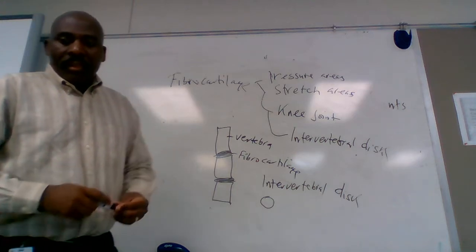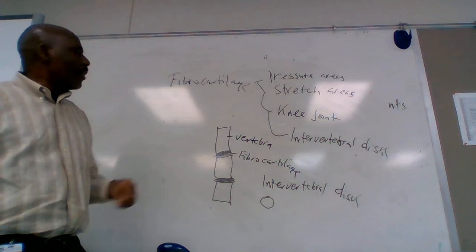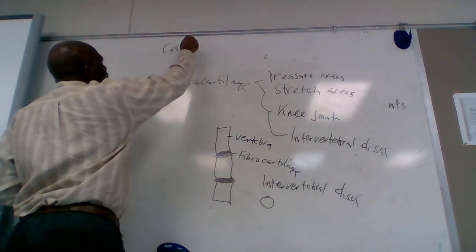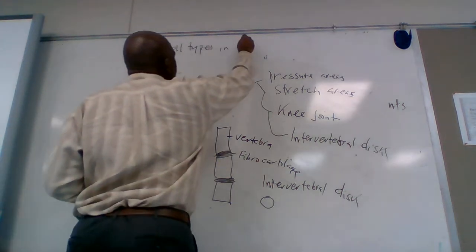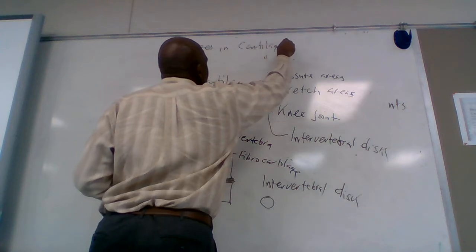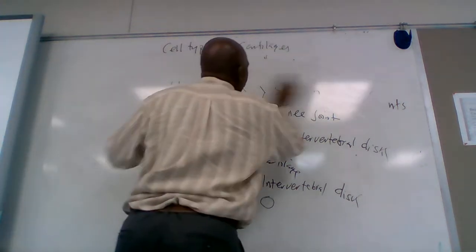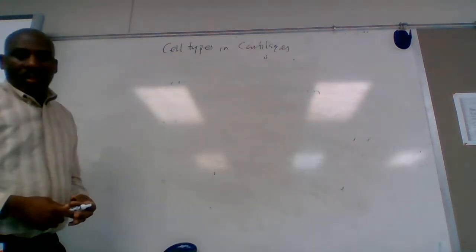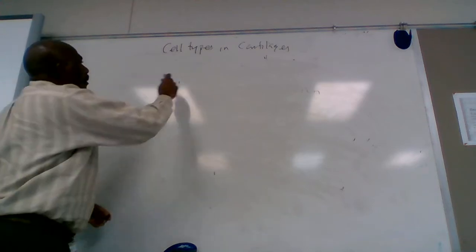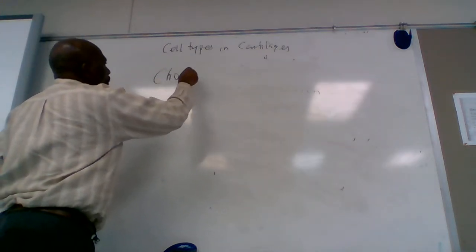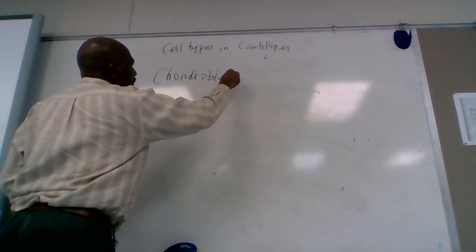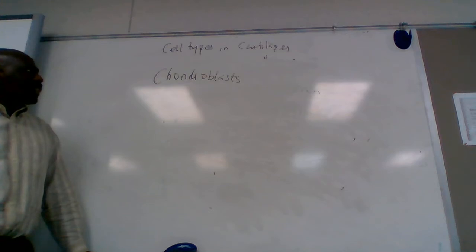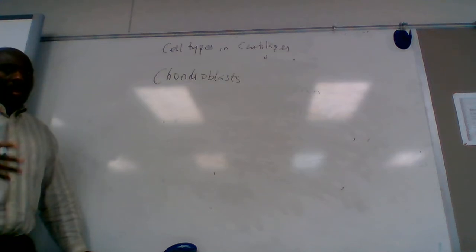All right. Now, let's look at the cell types that are found in cartilages. Chondroblasts.